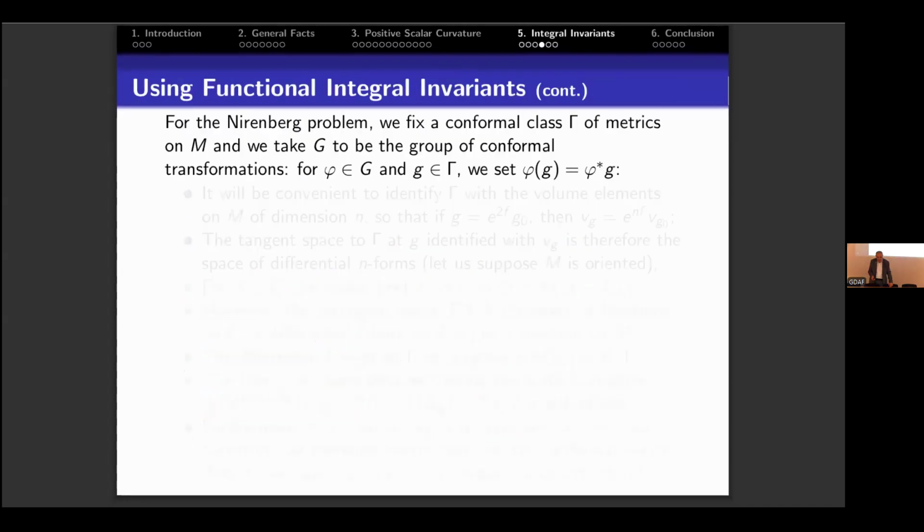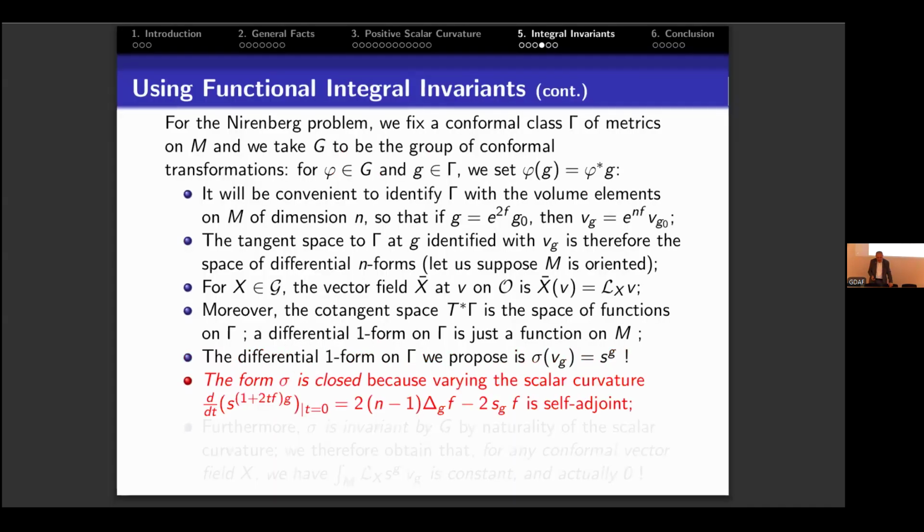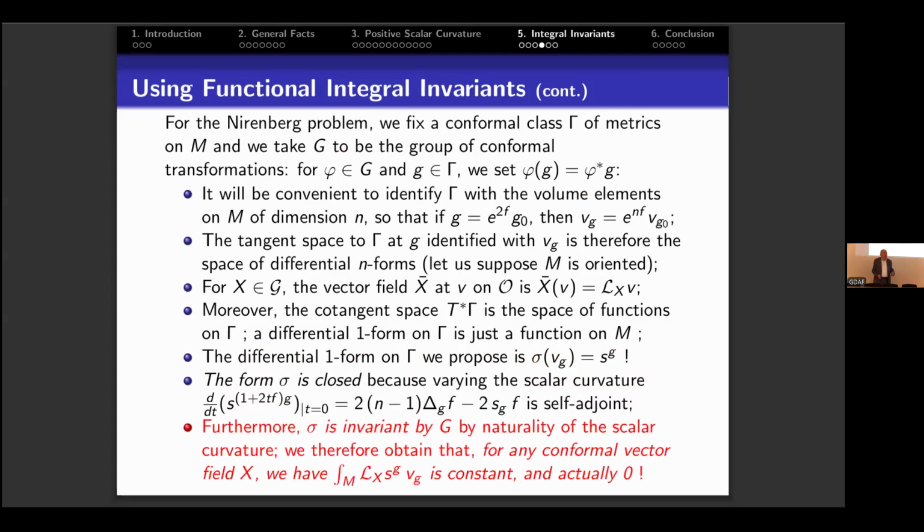So what I've been doing and what I'm not showing is you can really come up with the Futaki invariant and other invariants, some of them due to Kazdan-Warner, in a completely different way by using the topology of infinite dimensional spaces. So it's a very general method to build obstructions.